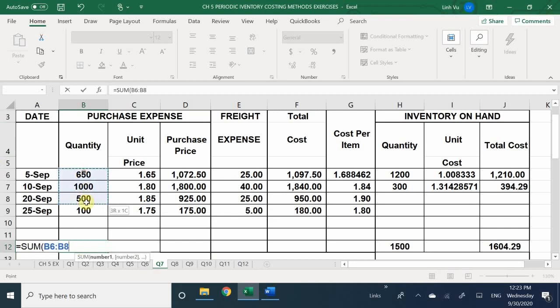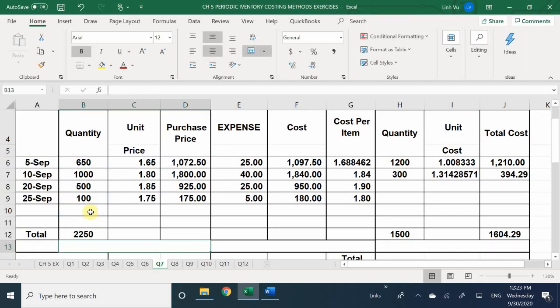So here, I bought a grand total of 2,250 items. My total purchase price gave me a total of $3,972.50. My total freight is going to be $95. And lastly, my total cost is going to be $4,067.50.